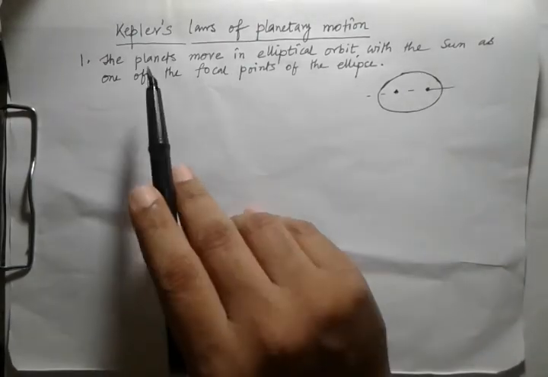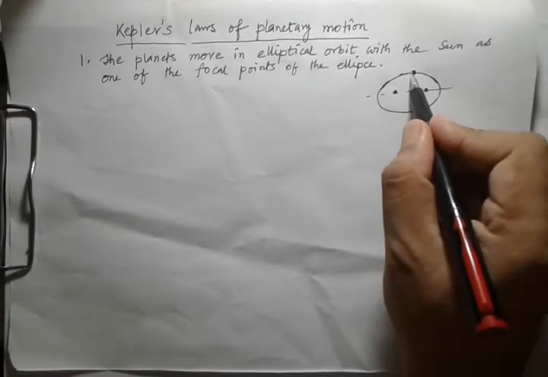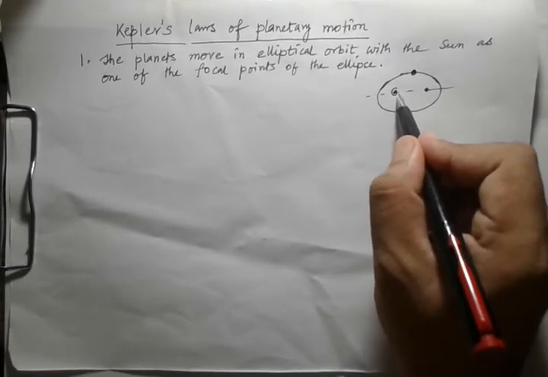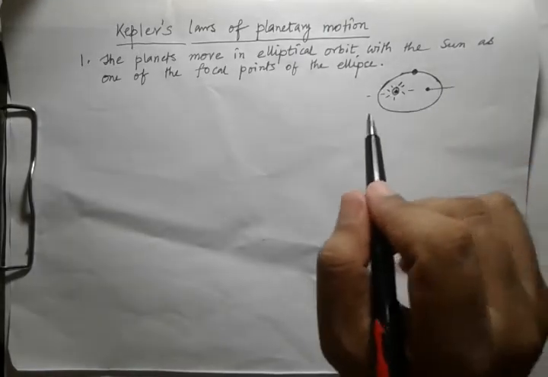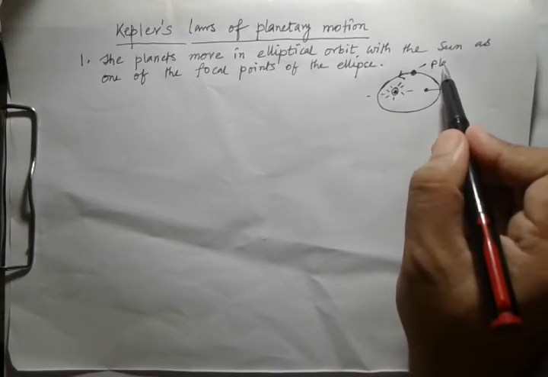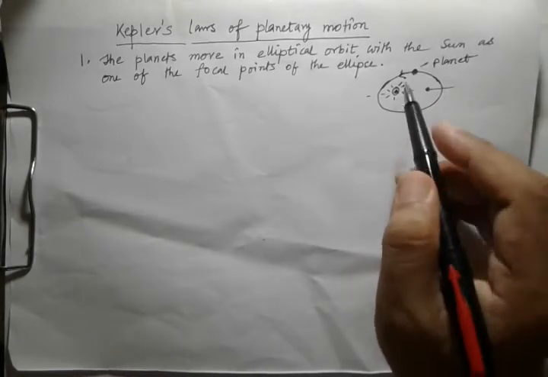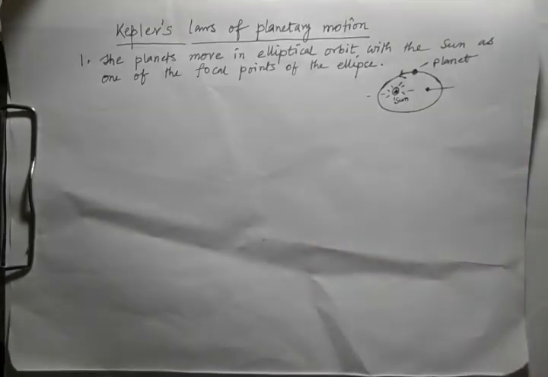So what the law says: the planets move in elliptical orbits. All the planets will move in an elliptical orbit, and the Sun will be at the focus like this. This one is the planet, and this is the Sun. So this is the first law.